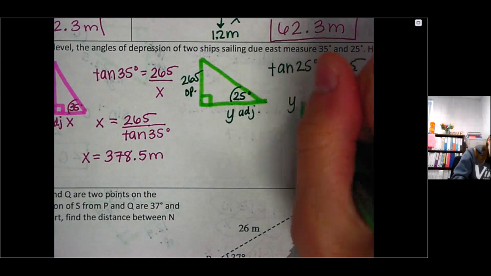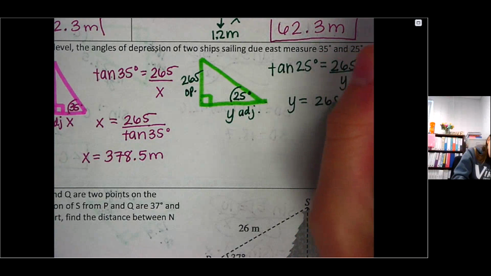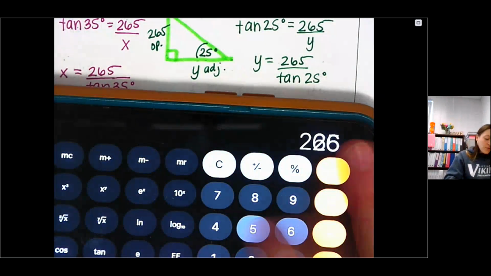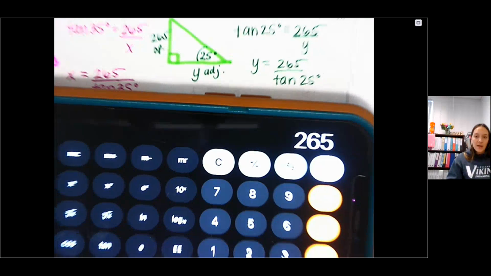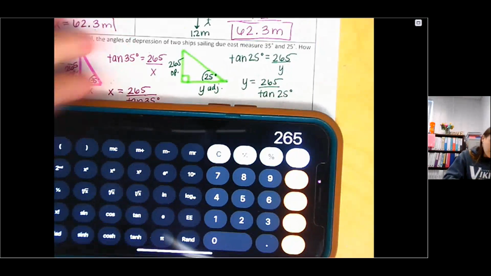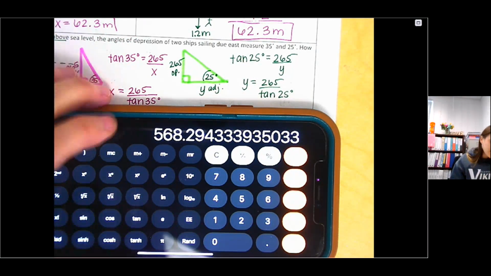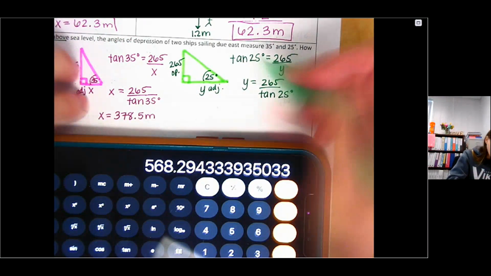So because Y is at the bottom, we're going to divide these two numbers. 265 divided by tan 25 equals.